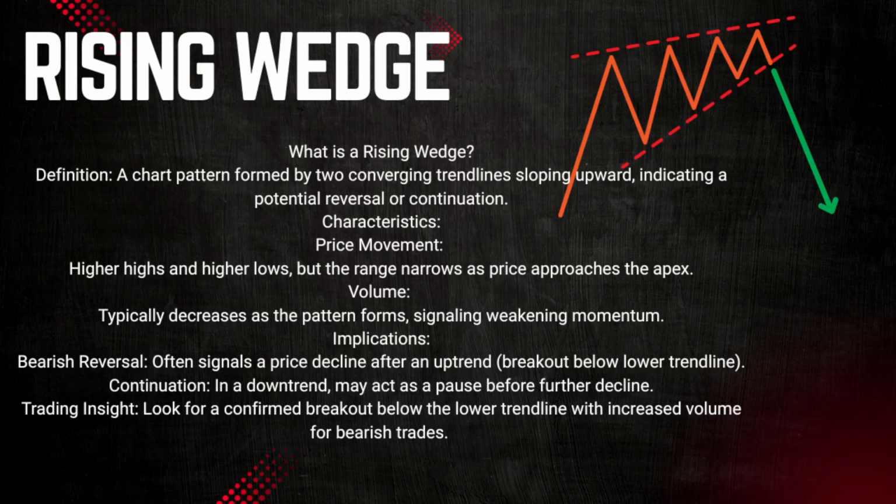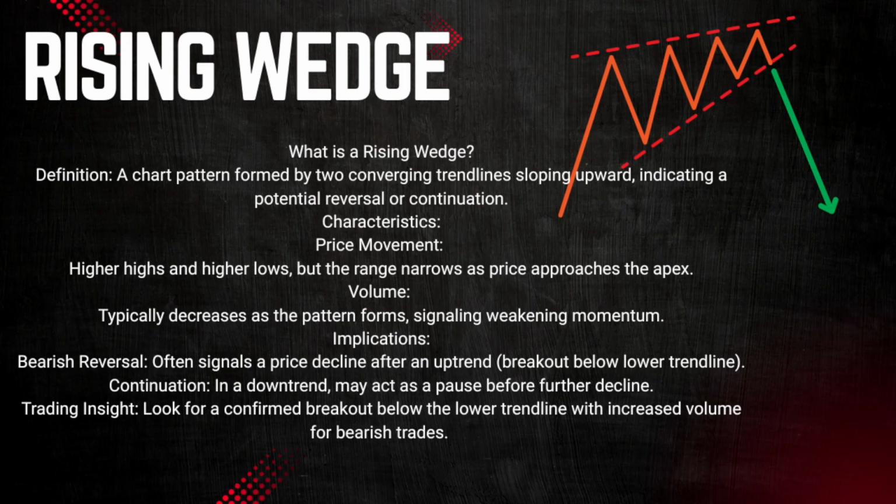I wrote down some basic information about the rising wedge, and you also see the pattern here on the top right. So what is it? It's a chart pattern formed by 2 converging trend lines sloping upward, indicating a potential reversal or continuation. What are the characteristics? The price movement.